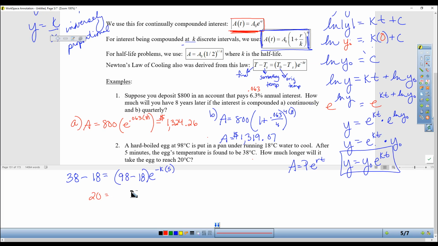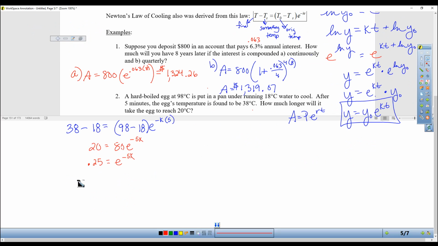This gives me, what is that, 80 on this side, e to the negative 5k. This is going to be 0.25 is equal to e to the negative 5k. I'm going to take the ln of both sides. Natural log of 0.25 is equal to the natural log of e to the negative 5k.